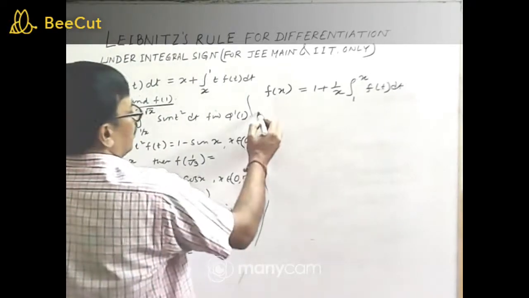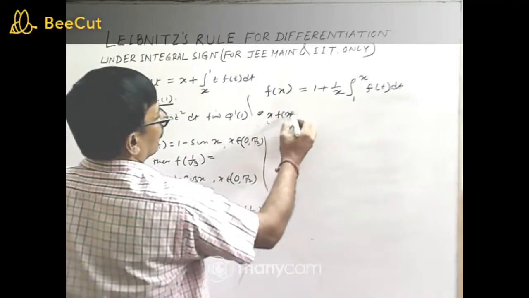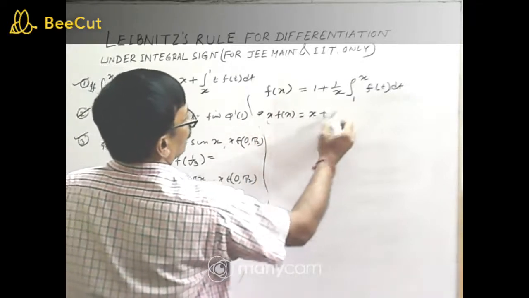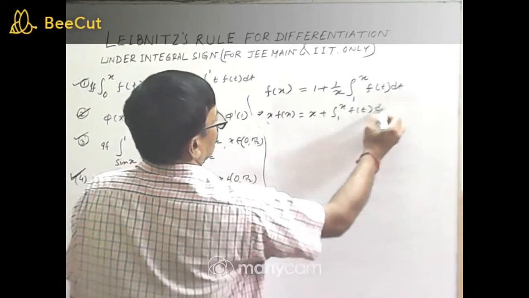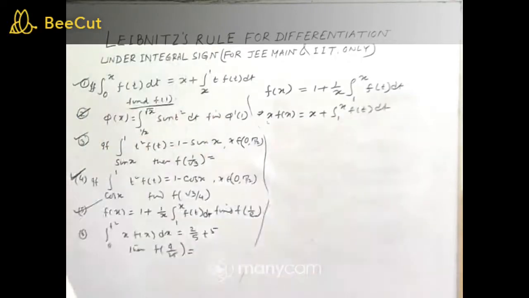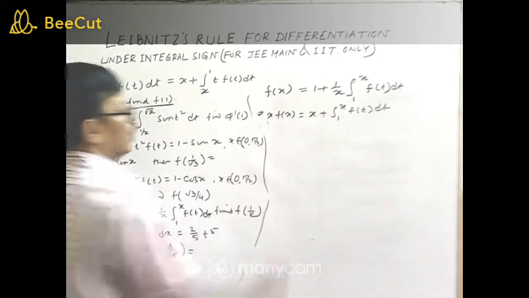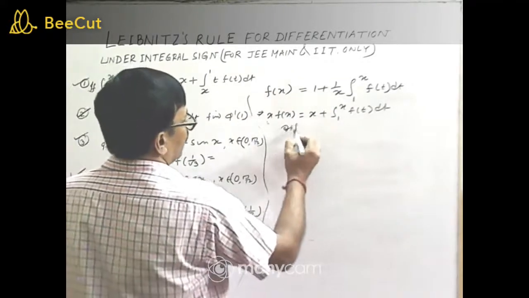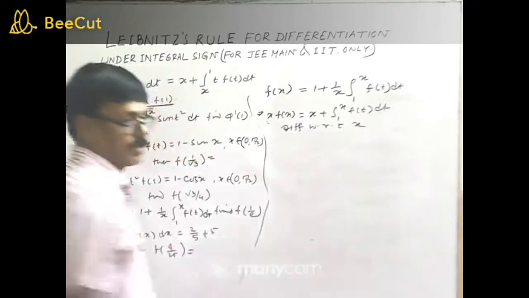So we can write it x into f(x) = x + ∫ from 1 to x f(t) dt. Now look, multiplying it by x. So again, differentiating with respect to x.